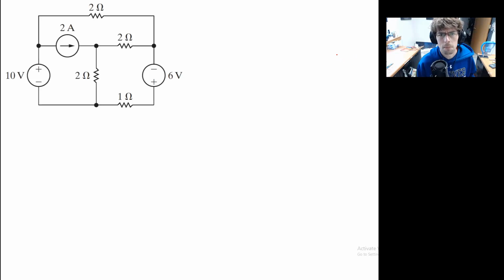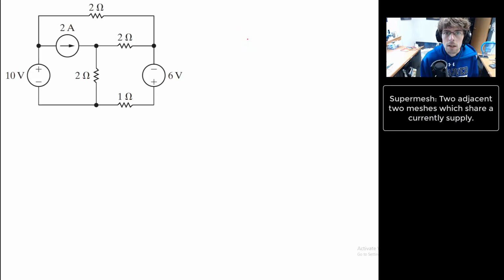You can probably imagine what would happen if we have two adjacent meshes separated by a current supply. We call it a supermesh. I'll walk you through this one, and you can see in the equations how the supermesh is formed.